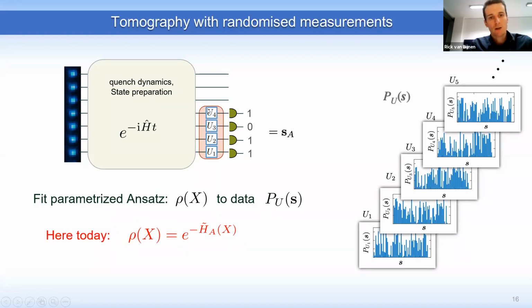If I did not use random unitaries and just measured in the Z basis, then I would only collect information for the diagonal of the density matrix. In this Z basis, I can only fit entries on the diagonal. I have zero information about the off diagonals. If I want to obtain information about the off diagonals, I have to measure in a different basis.